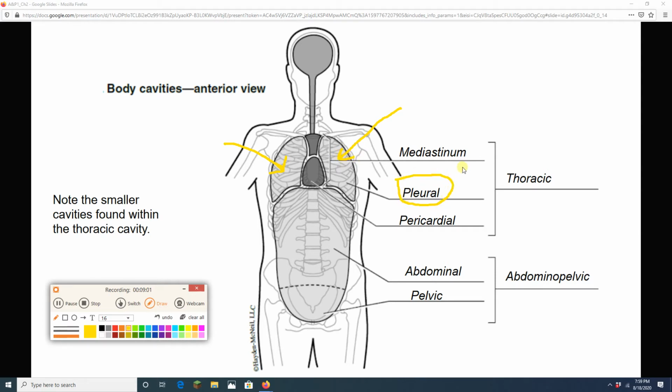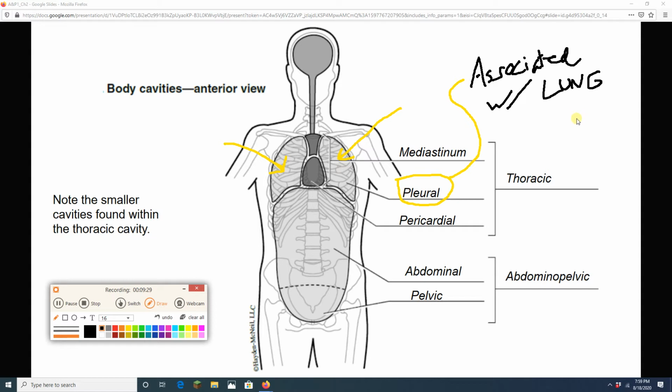And the lung is associated with a cavity called the pleural cavity. Each lung has an associated pleural cavity. Now, I'm using the word associated there on purpose because the lung isn't actually in the pleural cavity. Okay, we'll see why in a second.